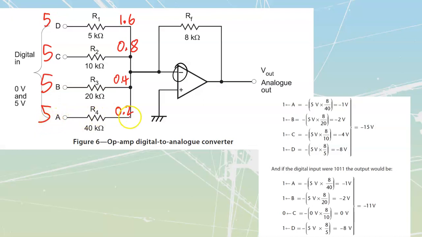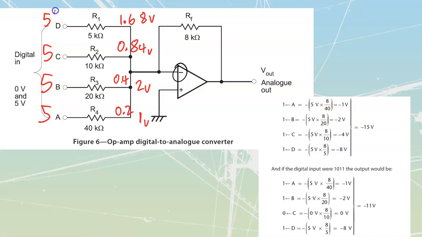If I take 5 volts in onto this, 5 times 0.2, or 20% of 5, is going to give me a value of 1 volt. 5 times 0.4 would give me a value of 2 volts. 5 multiplied by 0.8 for my amplification is going to give me a value of 4 volts. 5 multiplied by 1.6 is obviously going to go higher than that. It's going to take me to a value of 8 volts, my amplification closed loop.